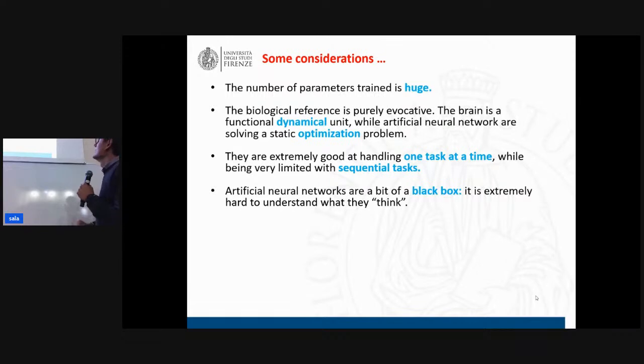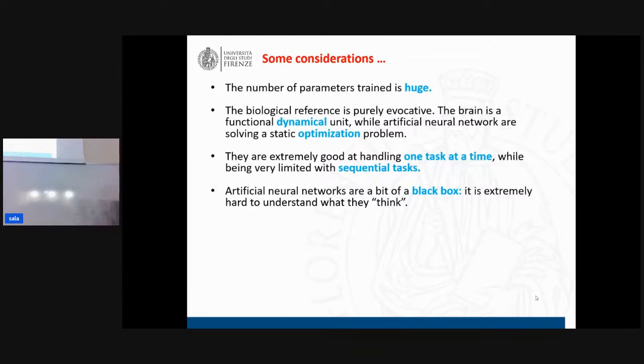So a lot. There is this biological reference that I talked to you about, but it is very evocative. In the artificial neural network, we have a fixed structure with just one type of neuron, and the only thing we take inspiration from biology is these synaptic connections, if you want, and this threshold mechanism.